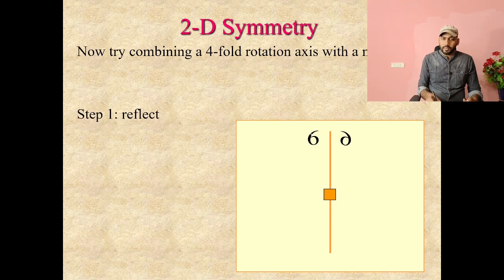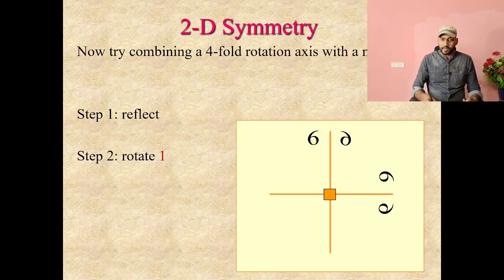Now this becomes one single structure. Whatever structure we are finding, we have to repeat it 4 times because in the center we are having a fourfold rotation axis. So this entire structure has to repeat 4 times. This is the second one, this is the original, then this is the reflected.